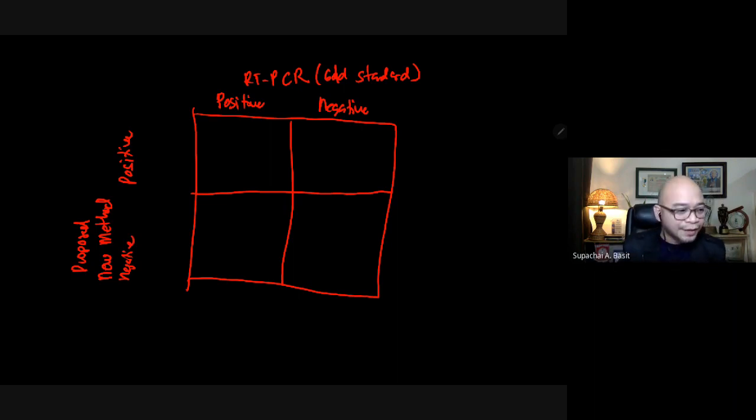Therefore, the number of individuals in this first quadrant is, let's label it so that we'll not get confused. Let's label it as A. And then here, let's label it as B. And here, let's label it as C. And then let's label it as T. So letter A is the quadrant of the true positive.